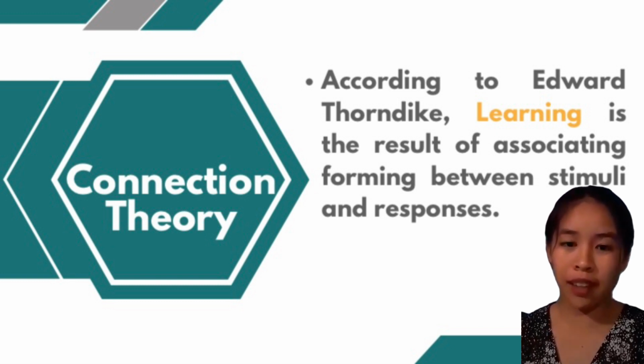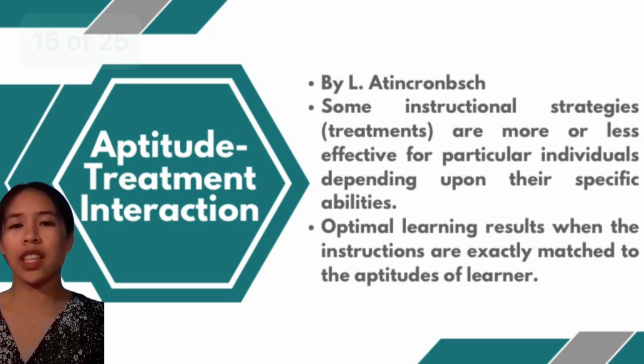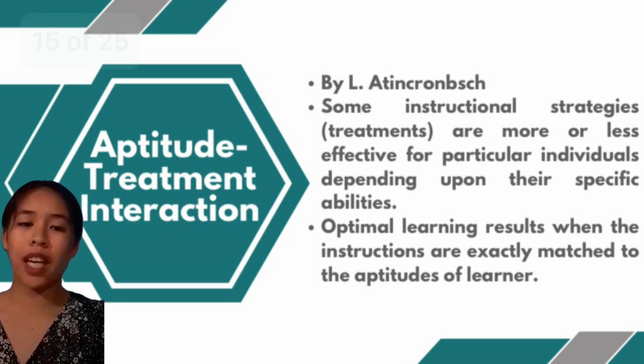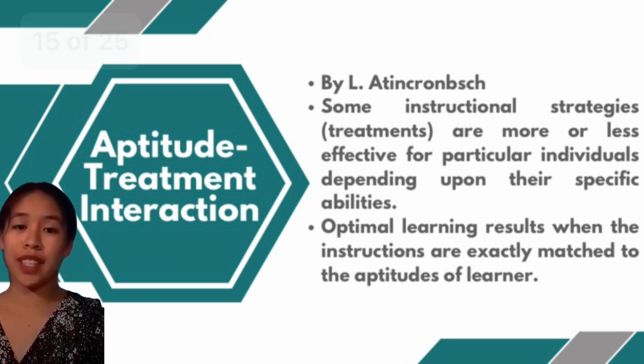Third one is aptitude treatment interaction. This theory examines how an outcome depends on the match between individual specific aptitude and the treatment they receive.